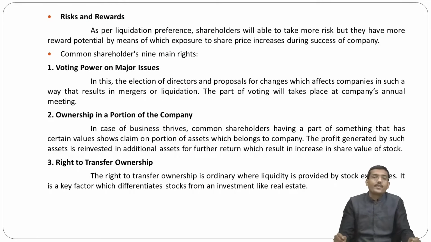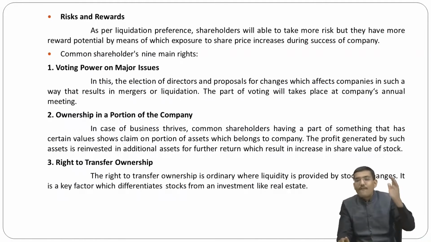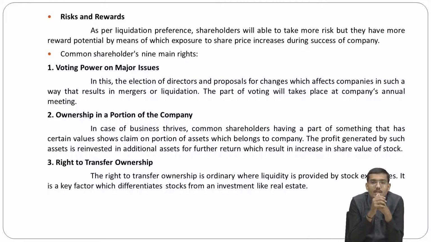The next is risk and rewards. As per liquidation, the common shareholder is able to take more risk, but has more reward potential by means of exposure to the share price during the success of the company.